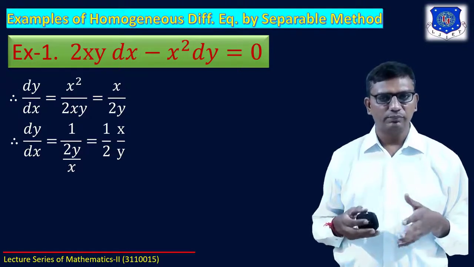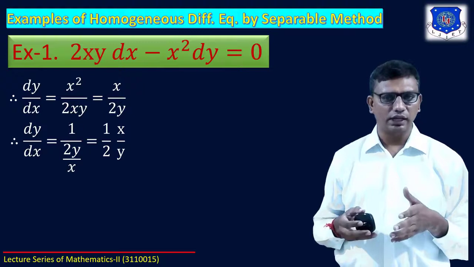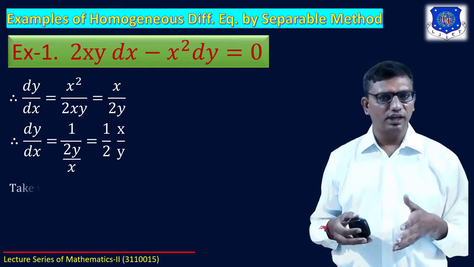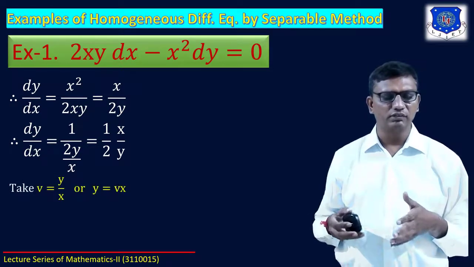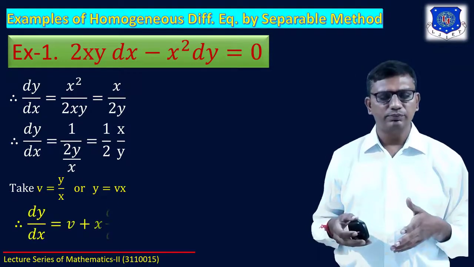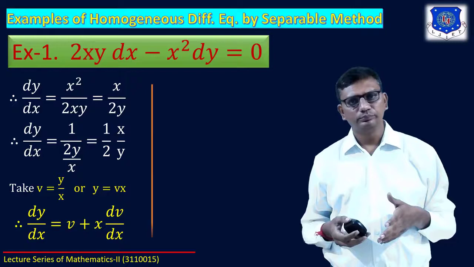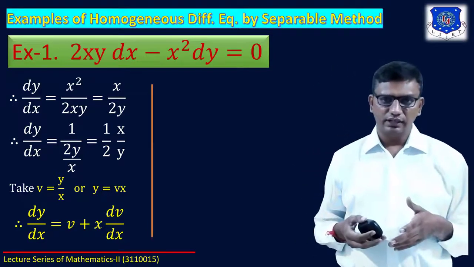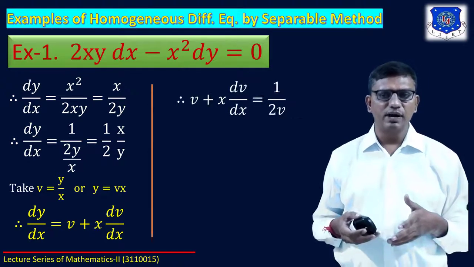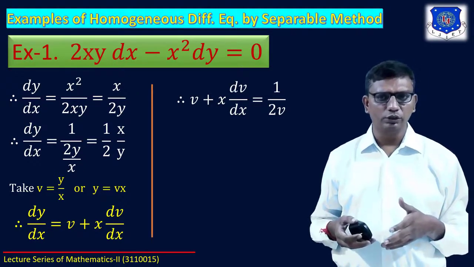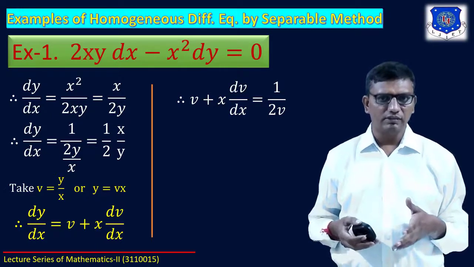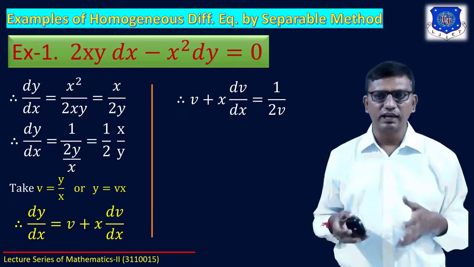Here we will use the first step, dy by dx equal to 1 upon 2 times y by x. Now to remove the y by x, we will take v equal to y by x or y equal to vx. Then dy by dx becomes v plus x dv by dx. We are replacing y by x equal to v and dy by dx equal to v plus x dv by dx.